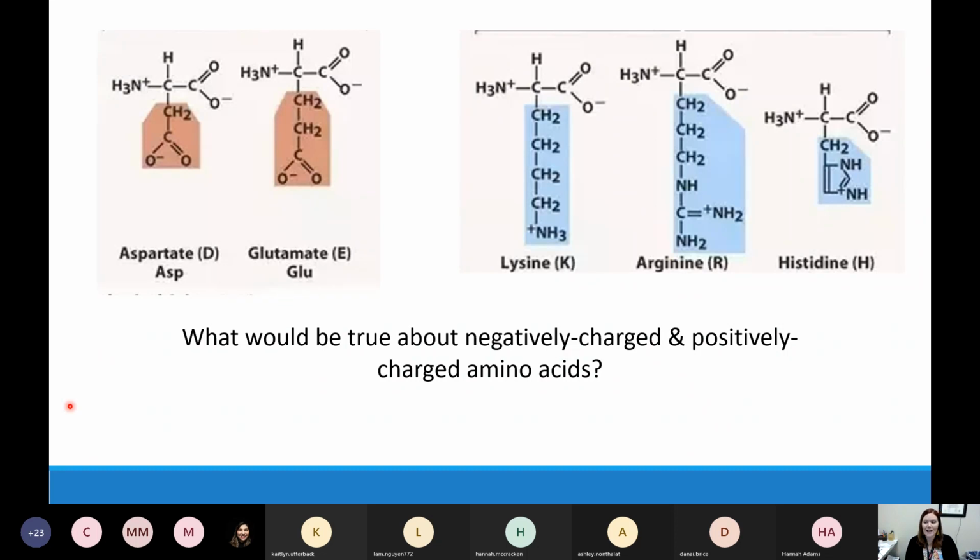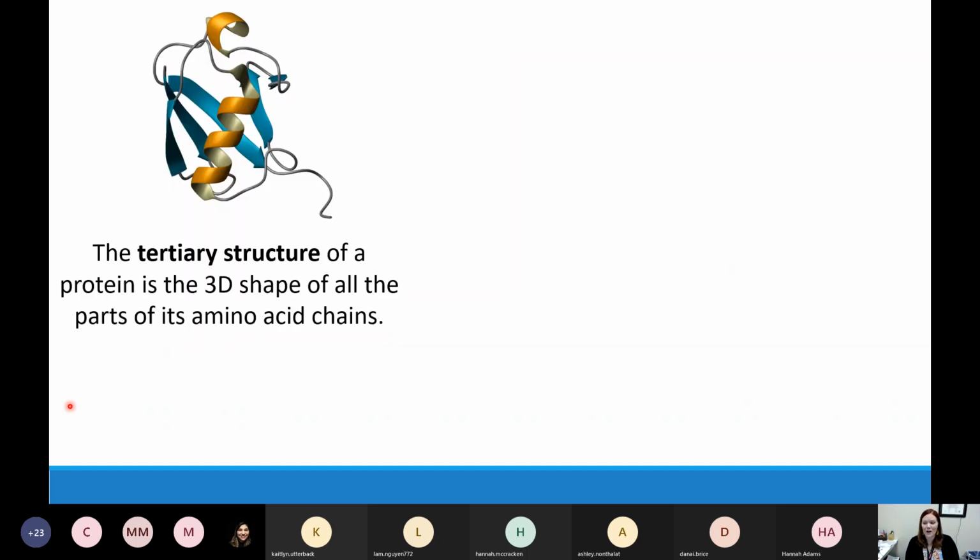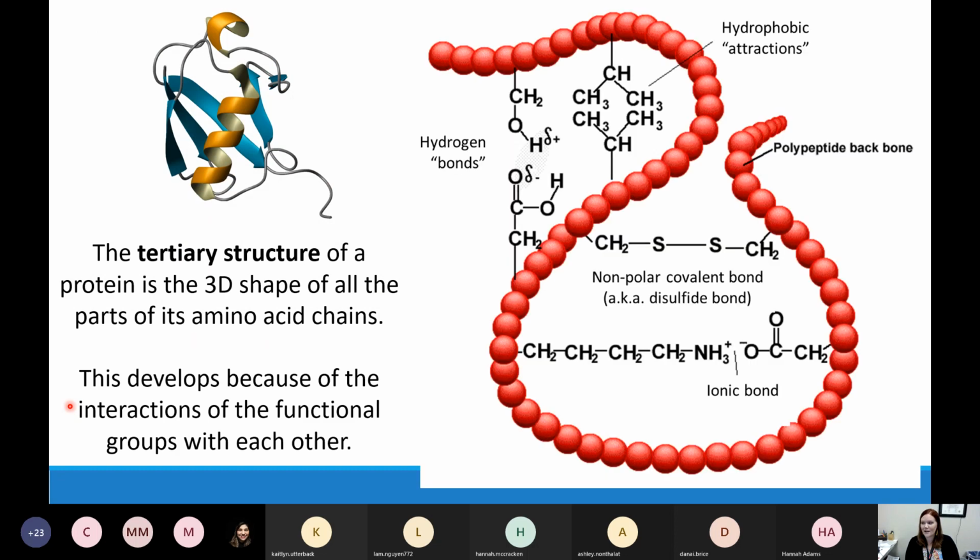So the personality types of my amino acids are what come together to make the 3D shape of the protein. So let's look at the various kinds of bonds or attractions that lead us to fold into a 3D shape. So let's start over here on the left. We're going to start with hydrogen bonds.